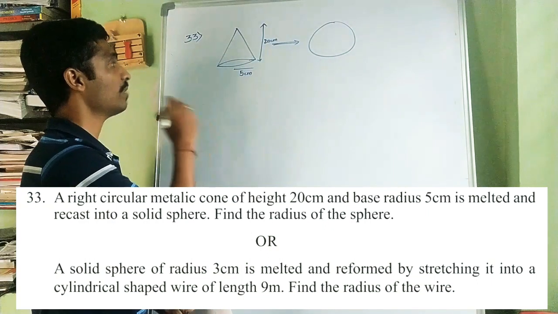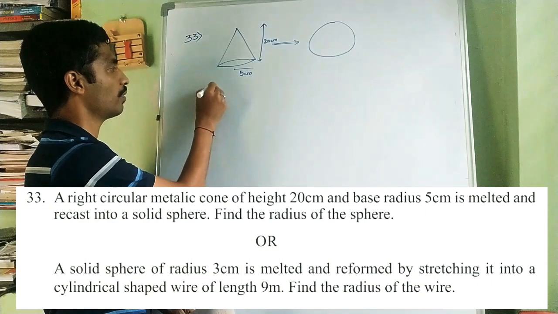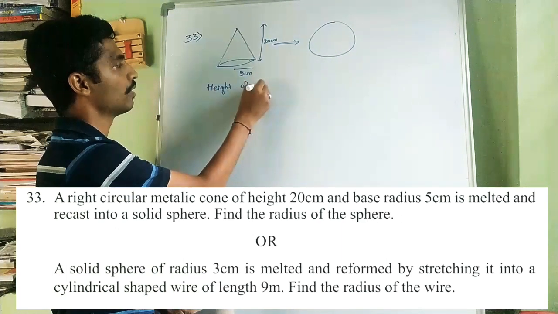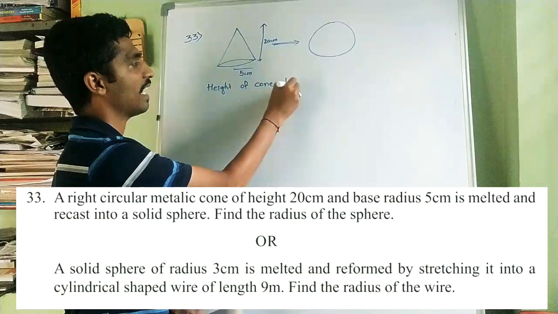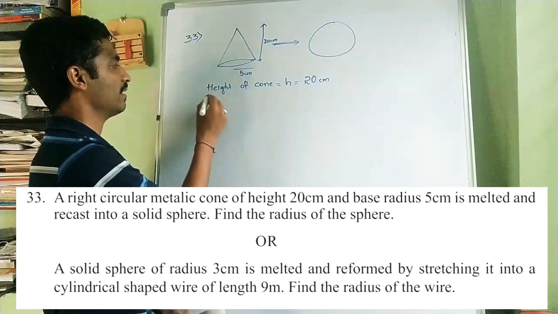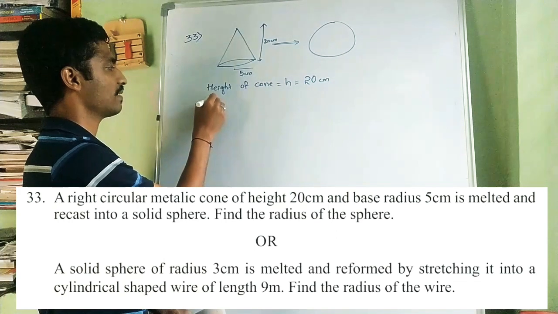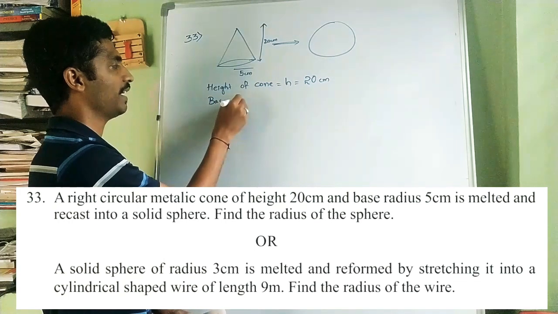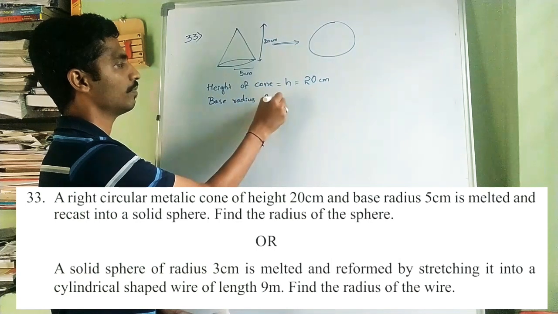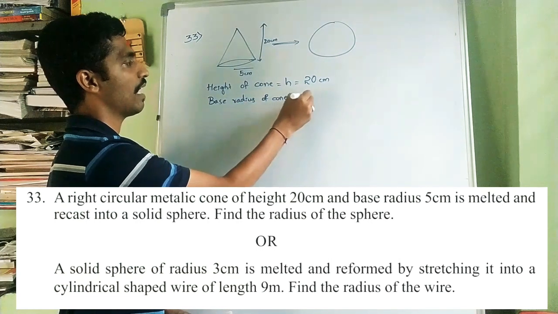First, you write the given points. So height of cone. What is height of cone? That is h equal to 20 centimeter. And base radius of cone, so that is R1.